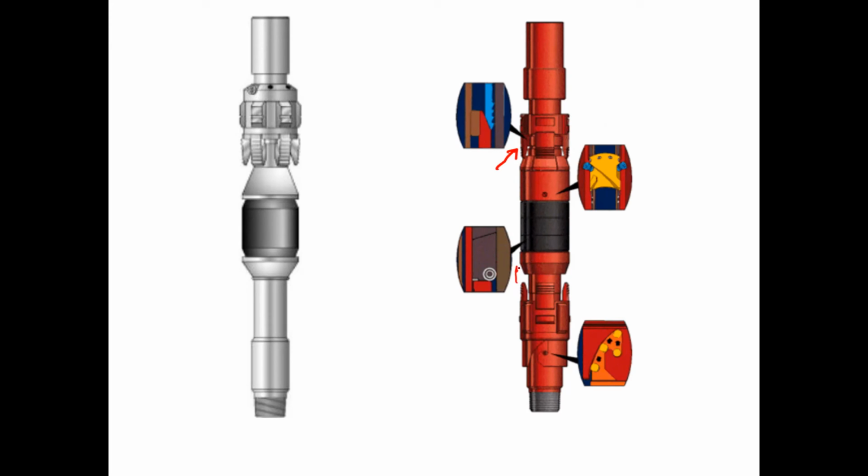Here, this is a slip here, they prevent downward movement. So it's a tension-compression packer, and then the elastomer will expand to seal. This is another tension packer.